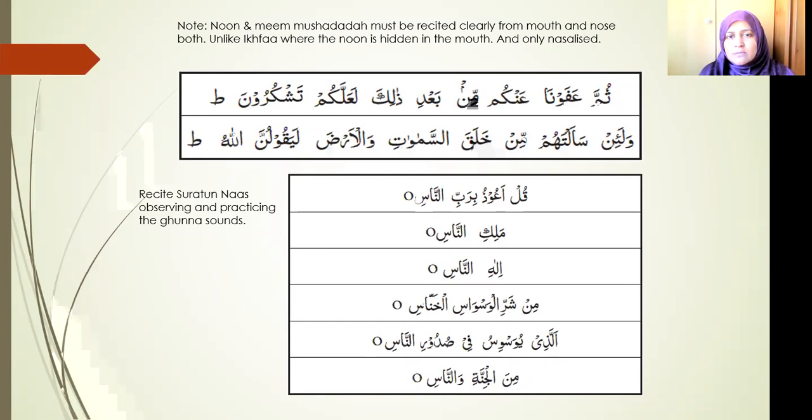Bismillahir Rahmanir Rahim. قل أعوذ برب الناس ملك الناس إله الناس من شر الوسواس الخناس الذي يوسوس في صدور الناس من الجنة والناس. Do you see how I was counting the 2 counts on my fingers? So you can count either by opening fingers or by count 1, 2, 1, 2.